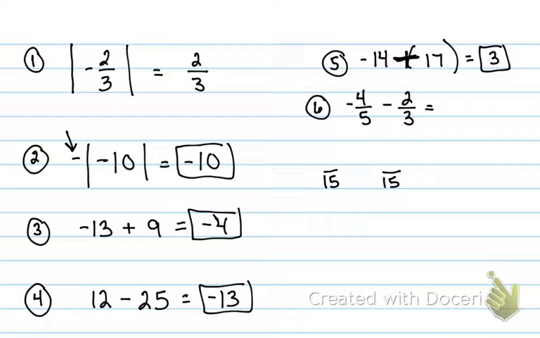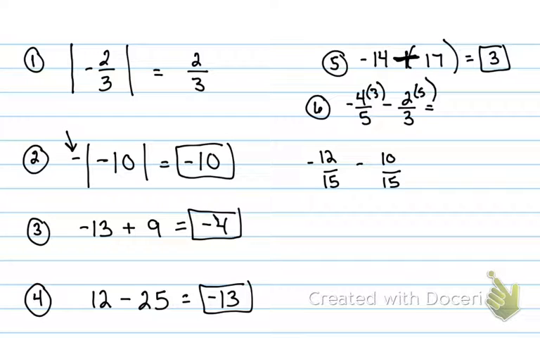All right. So on the first fraction, what did you multiply by? 3, top and bottom. So did you get negative 12 over 15? All right. On the second one, what do you have to multiply 3 by to get to 15? 5. So 2 times 5 is negative 10.